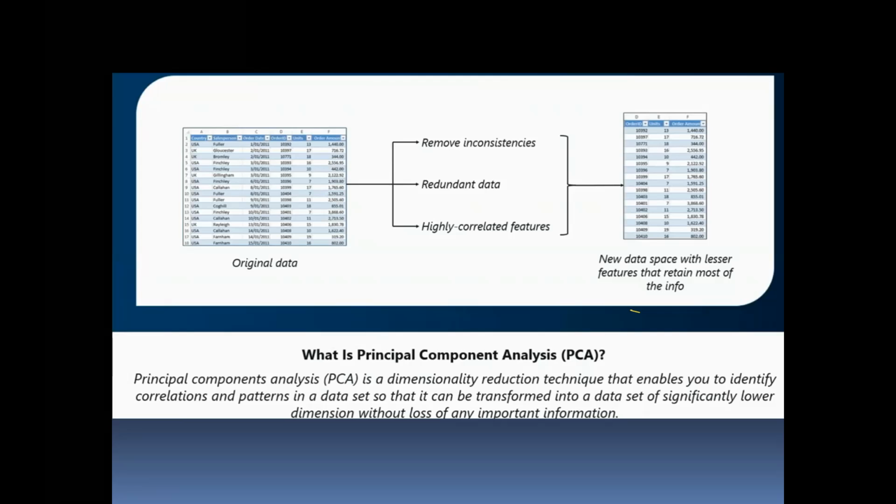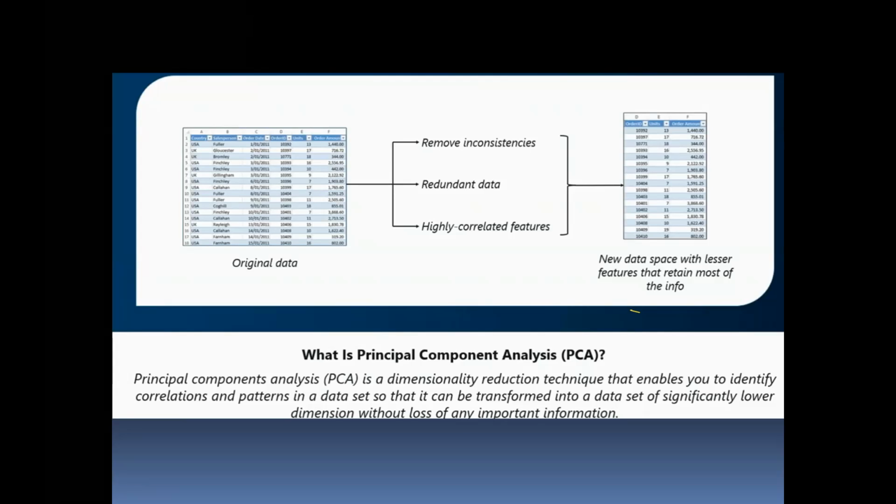How are we reducing the dimensionality? We can do some forward pass operation, backward pass operation, filter operation, as well as wrapper operation. Many things we can do for feature selection or feature reduction, right?